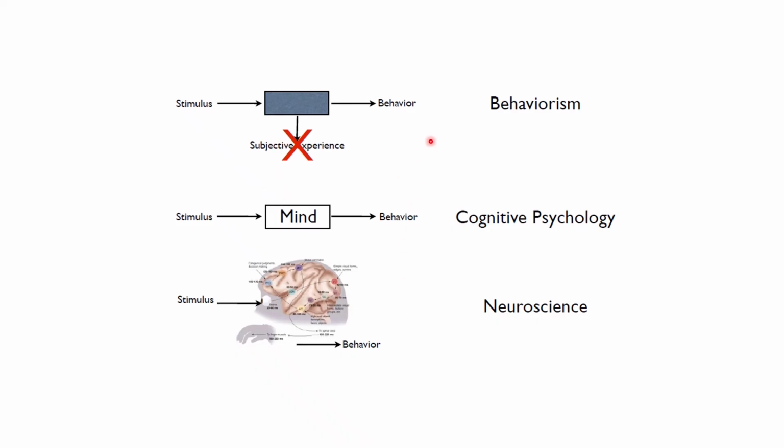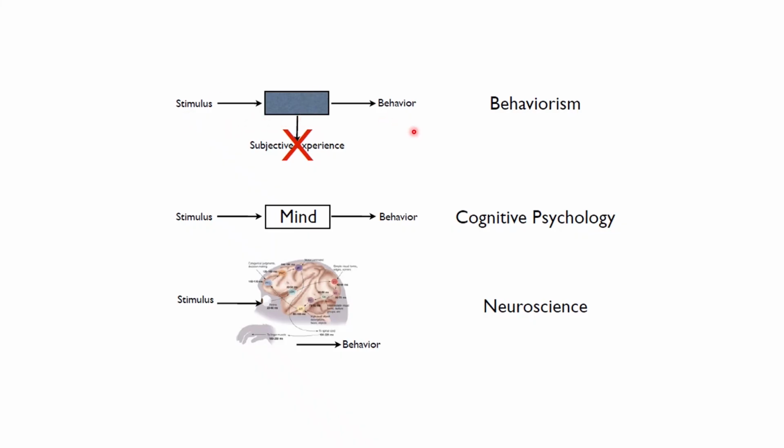The field of behaviorism or behavioral psychology, which was quite common say 50 years ago, thought of the brain as a black box, and the goal was to find a function or a mapping between the stimulus and the behavior. So basically some stimulus comes in and some behavior goes out. They did not think at all about subjective experience or emotions. They just wanted to find a mapping between the stimulus and the behavior.